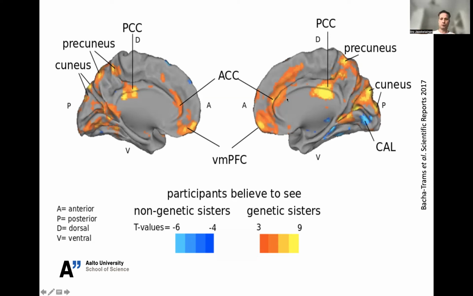Here you can still see the medial structures, and you can see there's precuneus, there's ventromedial prefrontal cortex very nicely. So again, default mode structures of the brain are functioning more similarly across subjects when they're seeing the sisters in the movie as genetic ones.